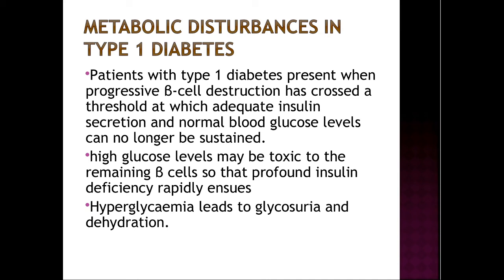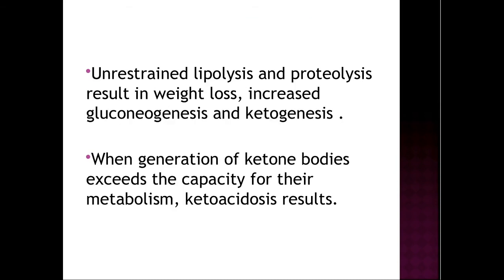insulin secretion and normal blood glucose level can no longer be sustained. High glucose level may be toxic to the remaining beta cells, so that profound insulin deficiency rapidly ensues. Hyperglycemia leads to glucosuria and dehydration in this patient with first form of diabetes mellitus.